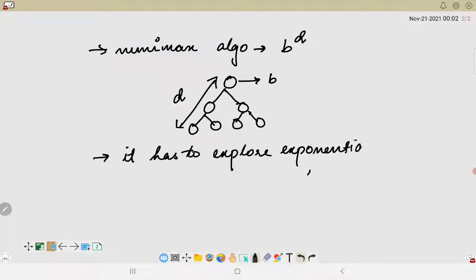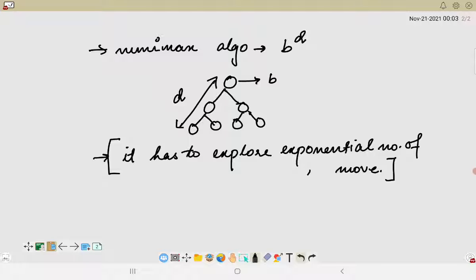Exponential number of moves means we have to explore each and every node present in the game tree, and this is a limitation of the Minimax algorithm, because if there are a lot of nodes available, then the number of nodes which we need to examine is also very large. So this exponential number of moves cannot be avoided in the Minimax algorithm.